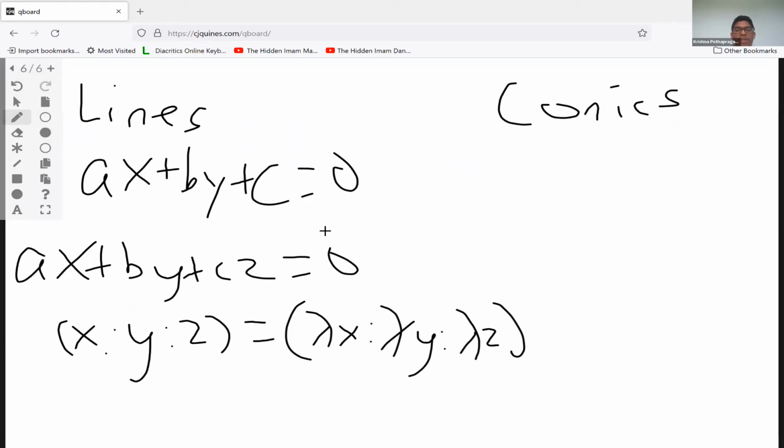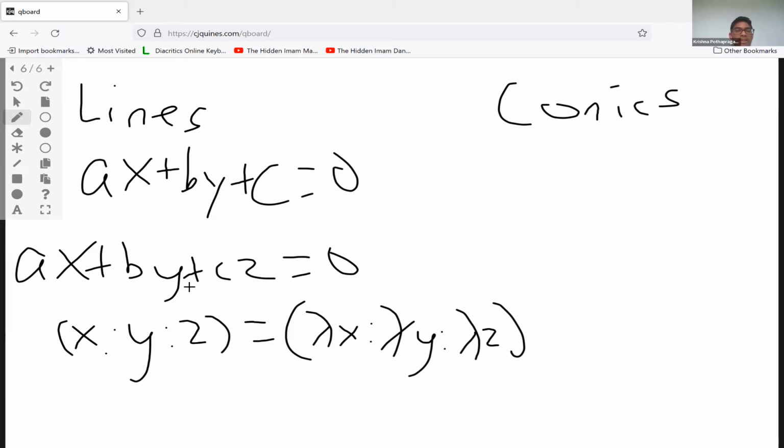This is very similar to the equation of a line in Cartesian. For all the Cartesian points which are not at infinity, z is non-zero, so we can say z equals 1 because of the homogenization. We can multiply by the correct lambda to make z equals 1, and then it looks exactly like this.